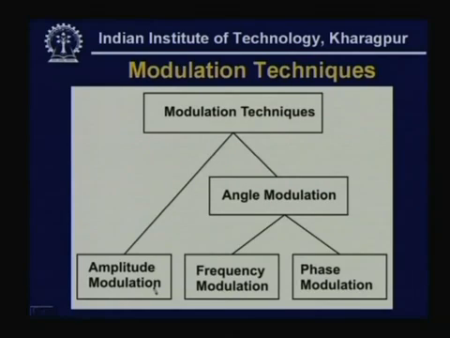The second alternative is known as angle modulation, where the frequency of the carrier is modified based on the signal to be sent, or modulating signal, or it can be phase modulation. These two together are known as angle modulation. In this lecture, we shall primarily focus on amplitude modulation.